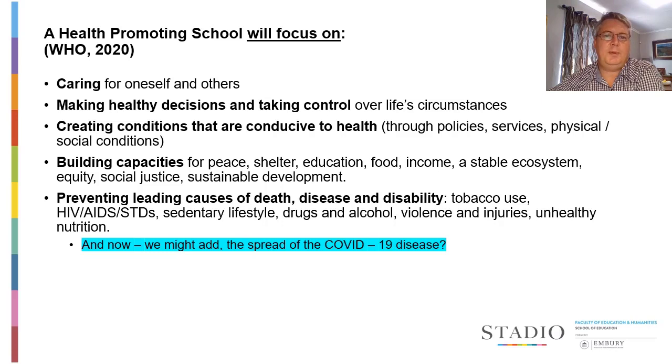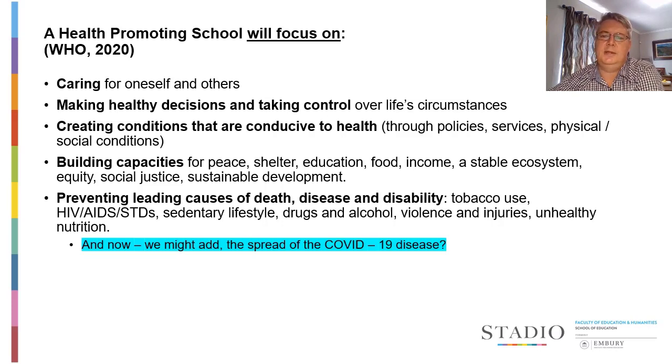We can say a health promoting school will focus on caring for oneself and others. So it's about having a caring attitude, teachers in general having a caring attitude, the school having a caring attitude, and of course that needs to show in how the school responds to this crisis. It's about making healthy decisions and taking control over life circumstances, creating conditions conducive to health through policies.